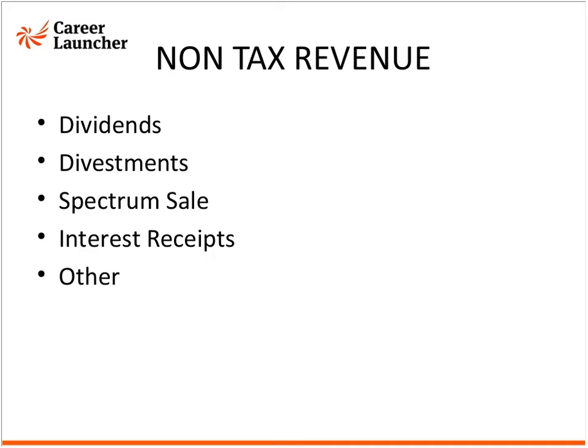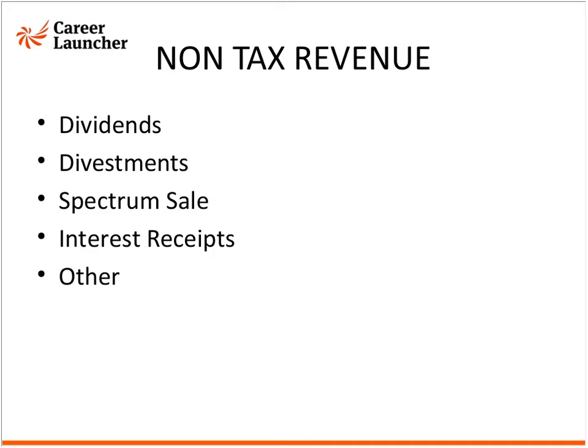For the Government of India, all the public sector enterprises give out some amount of their profits as dividends, and since the government is a major shareholder in public sector enterprises, these dividends form an income for the government. That is why it comes under non-tax revenue.